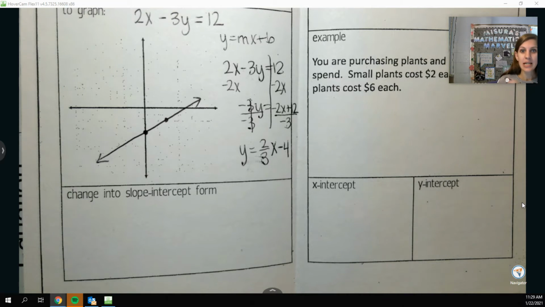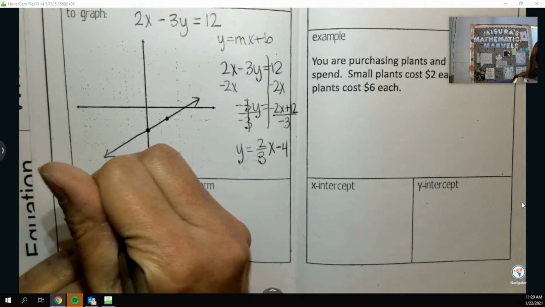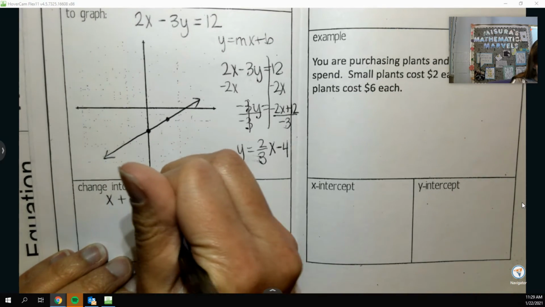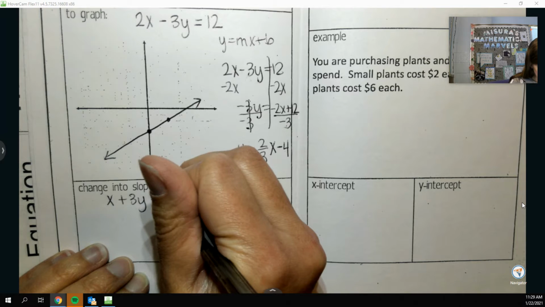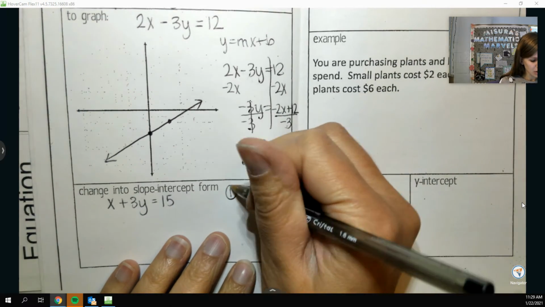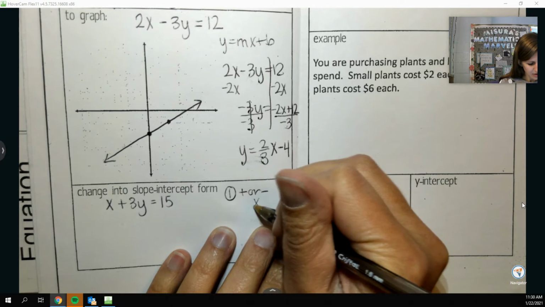So let's say, for instance, they give us a standard form equation that looks like x plus 3y equals 15. You're always going to be doing two things to get it in y equals mx plus b. The first thing you're always going to want to do is add or subtract x away.